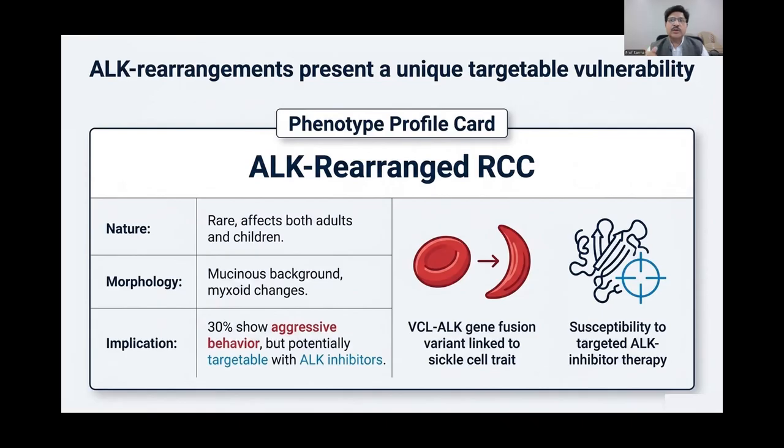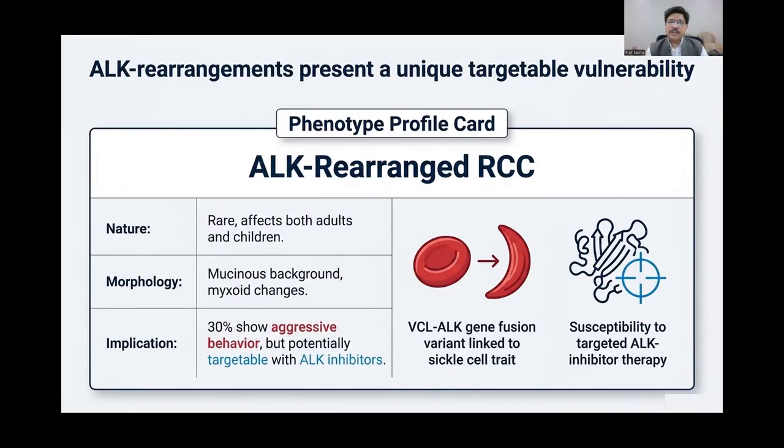ALK rearranged RCC. Now, rare, affects both adults and children, mucinous background, myxoid changes will be there, 30% show aggressive behavior, potentially targetable with ALK inhibitors. What is the advantage? This is an ALK related disease. If you have ALK inhibitors, you can target this particular disease. Now, the VCL-ALK gene fusion variant is linked to sickle cell trait.